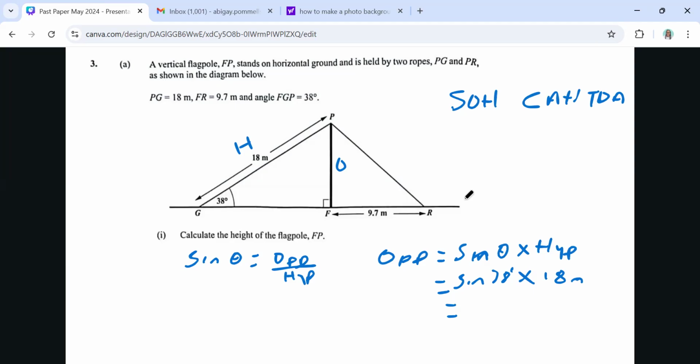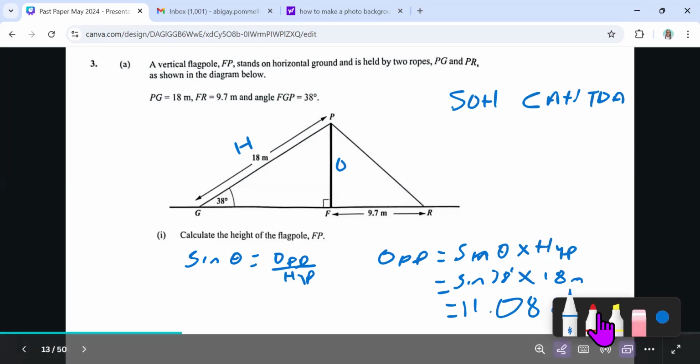All right, so I got 11.08 meters. That's what I got. So moving on.